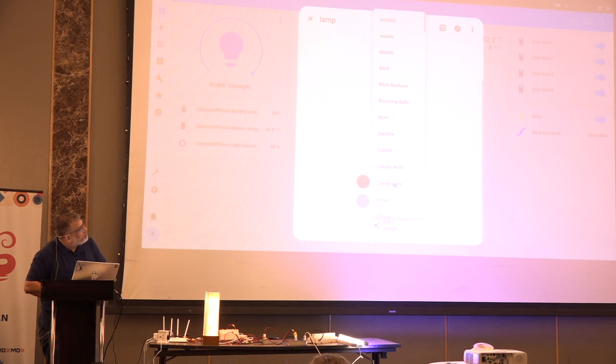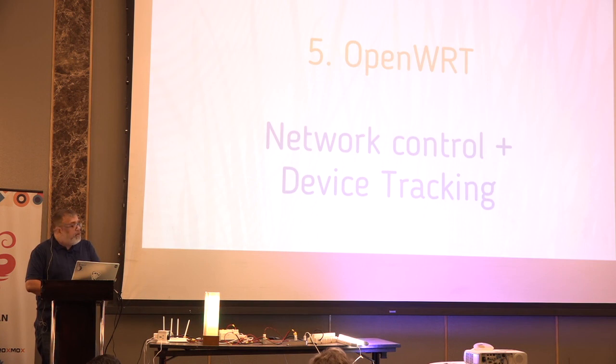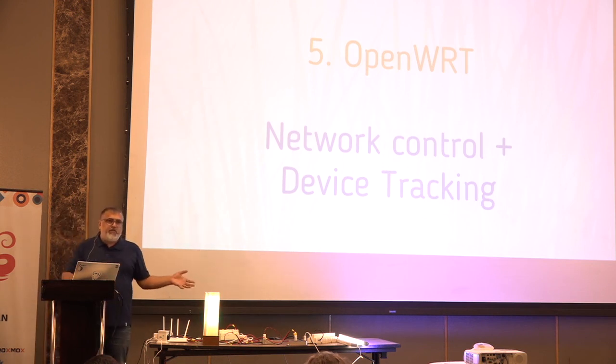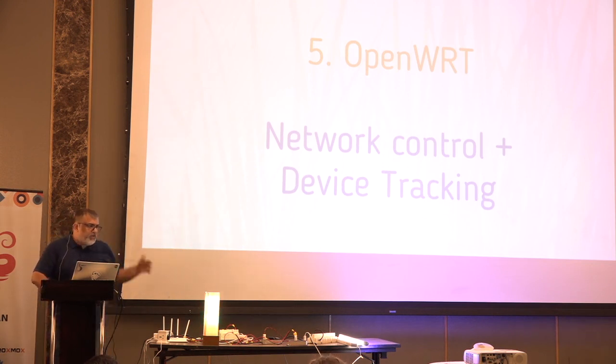So there's stuff like that. One of the most important things is our ability to control the network. Now, as you might have understood, all of these devices that we have, lights or switches or lamps, all of these connect to a network, to a wireless network most of the times.